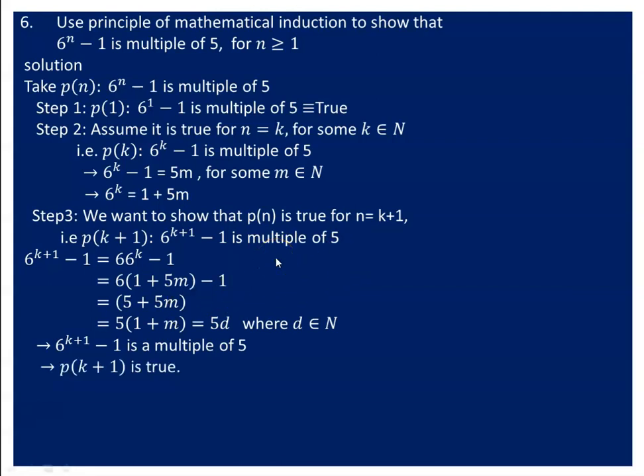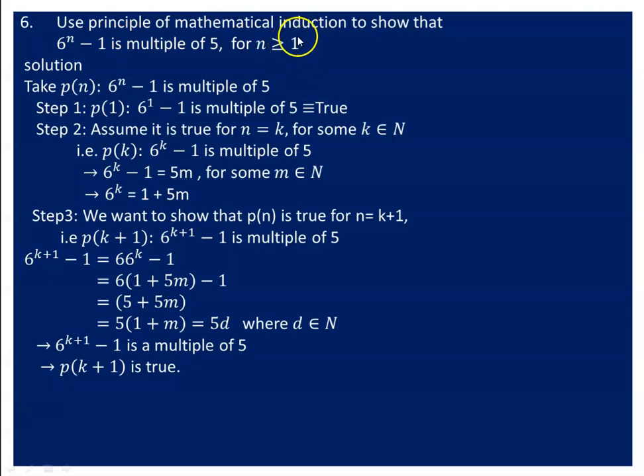Now, let me recall what the principle of mathematical induction talks about. Look, if you do have a statement written like this, involving the set of natural numbers or a subset of natural numbers, we do have certain steps we need to pass through. So we need to check the truth of this given statement for the first natural number given here.